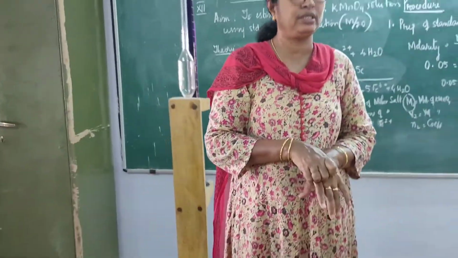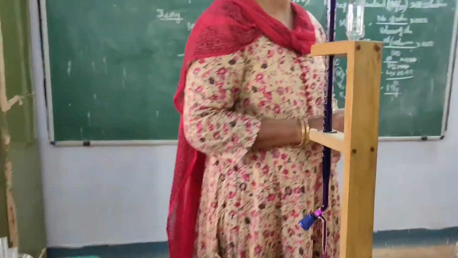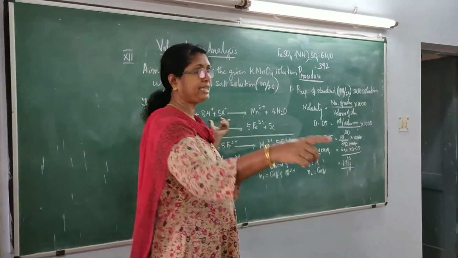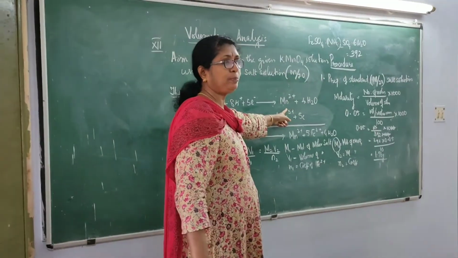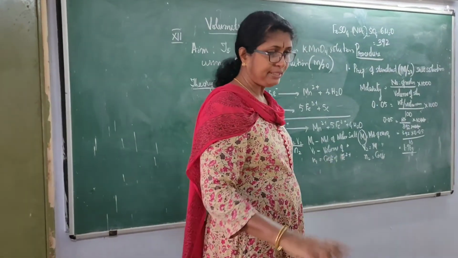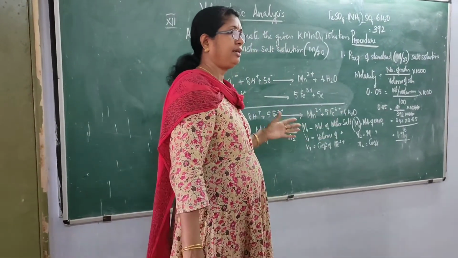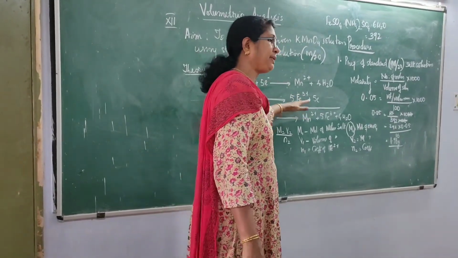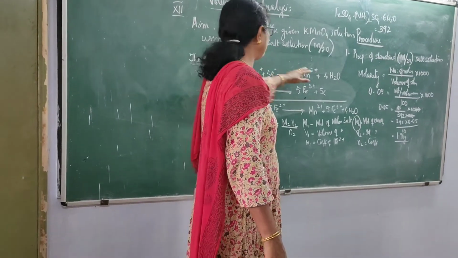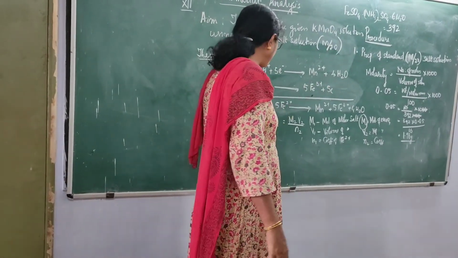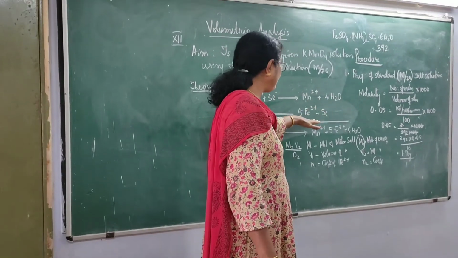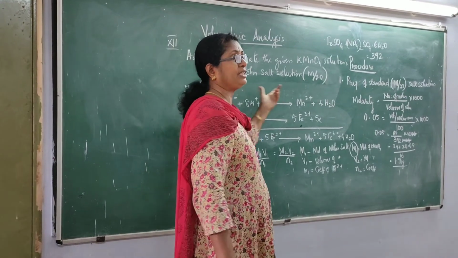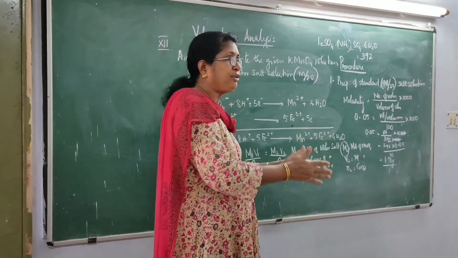Where will we stop? See, the end point is a permanent pink color, because during the reaction the permanganate ion, which is the pink color, is reduced to Mn2+, which is colorless. So the color will disappear. When all the Fe2+ is converted to Fe3+, then no MnO4- will be converted to Mn2+.